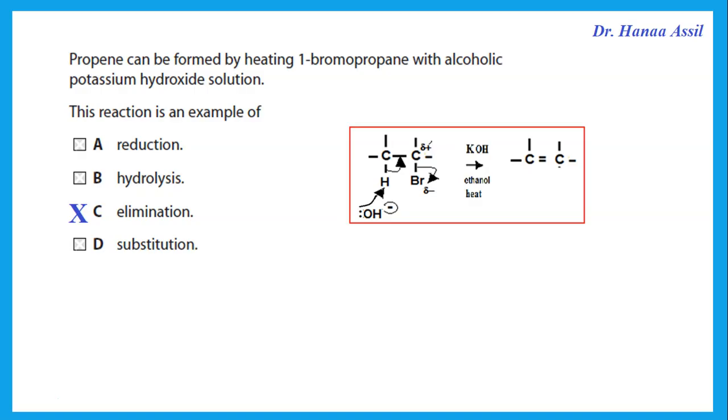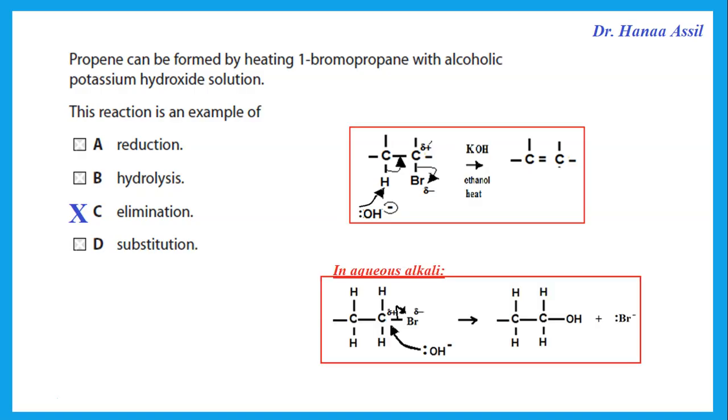Elimination to form an alkene. Remember, if we were using aqueous, it's just a substitution of the Br with OH. Alcoholic, or in presence of ethanol, it is an elimination to form an alkene.